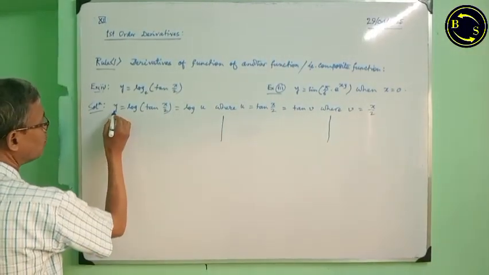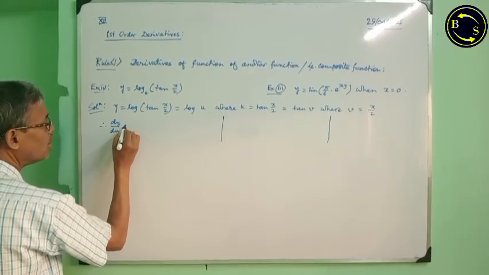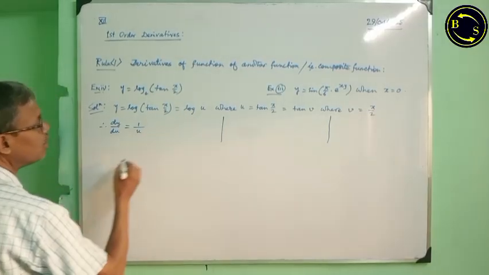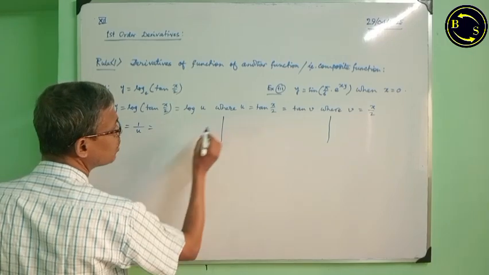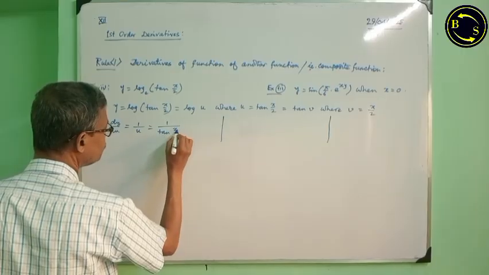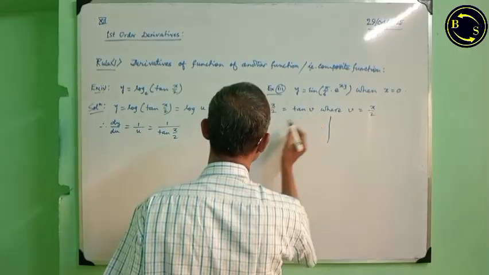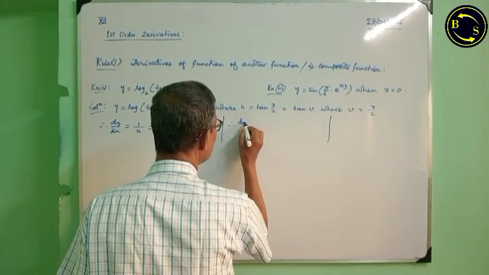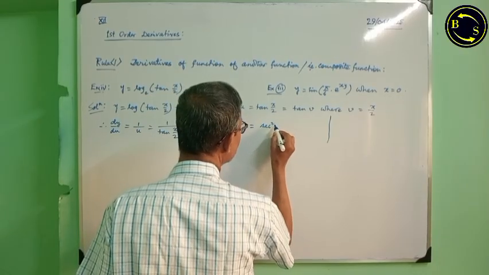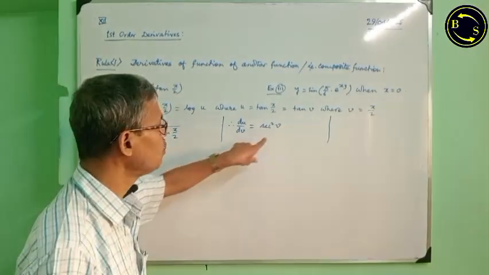First, y is a function of u, therefore dy by du is equal to the derivative of log u, that is 1 by u. Now we replace u in terms of x by 2, that is 1 by tan x by 2. Now u is a function of v, u equal to tan v, therefore du by dv will be sec square v.